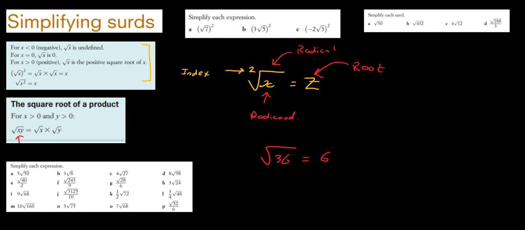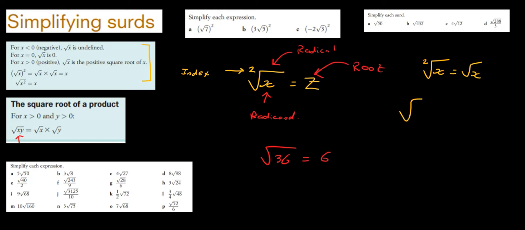We don't usually put the index of a square root if it's 2, so the index is just assumed to be 2.